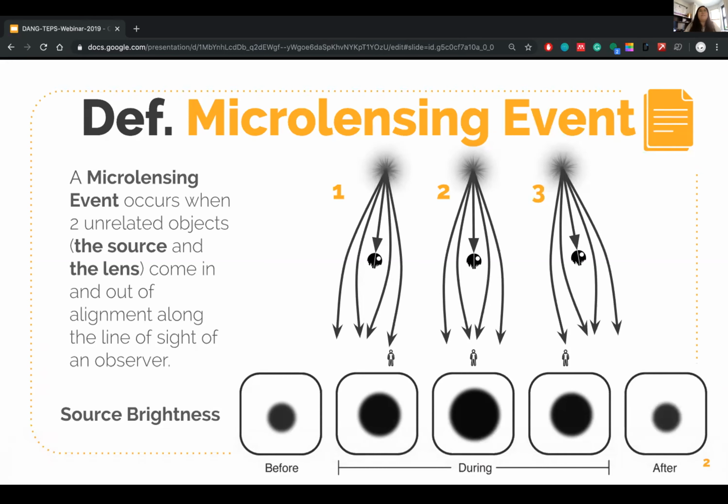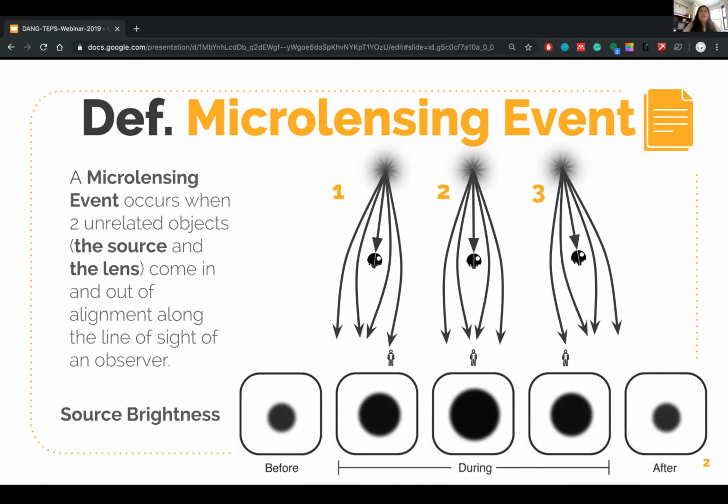As the two objects move into alignment, the background source will appear brighter, it will be magnified, and as they move out of alignment, the background source will go back to its original brightness. So by seeing objects getting brighter and dimmer in the sky, you can infer the presence of massive lensing objects.